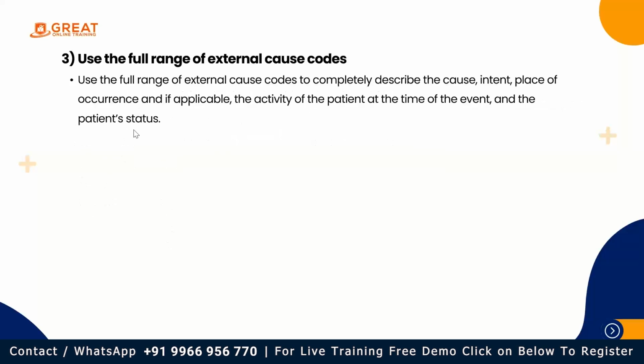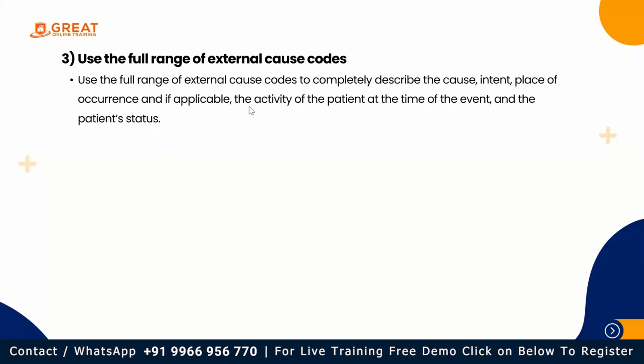Next point, use the full range of external cause codes to completely describe the cause, intent, place of occurrence, and, if applicable, the activity of the patient at the time of the event, and the patient status.